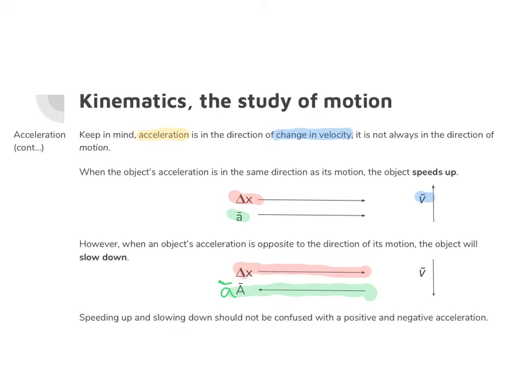So we have a velocity which is slowing down or decreasing. Speeding up and slowing down should not be confused with a positive and negative acceleration.